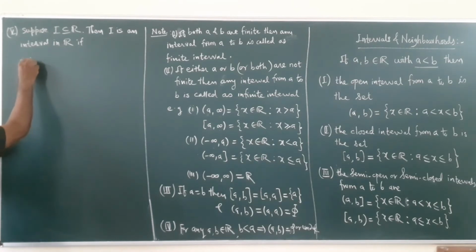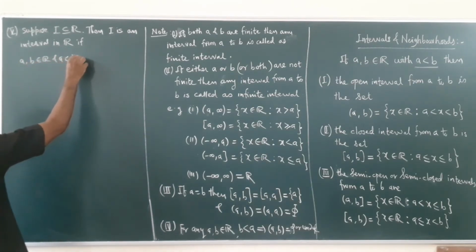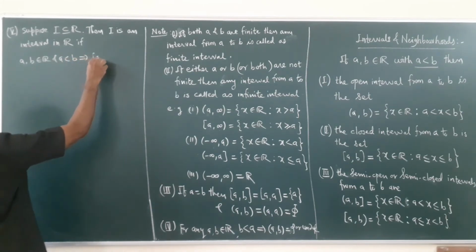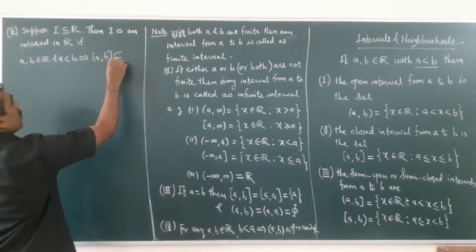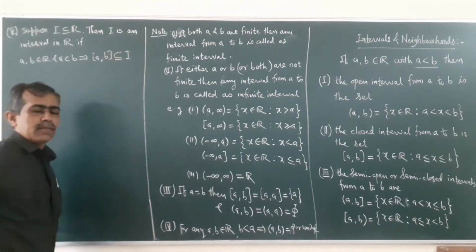If a, b belongs to R and a less than b implies the closed interval ab is a subset of I.